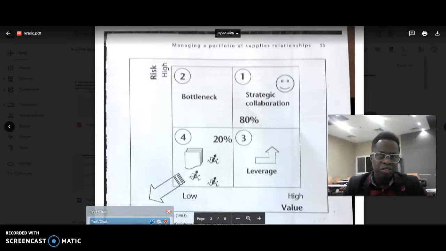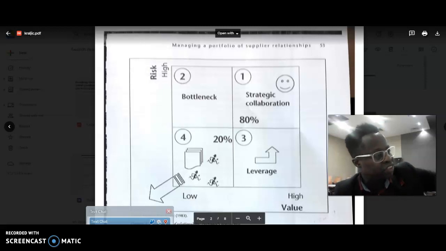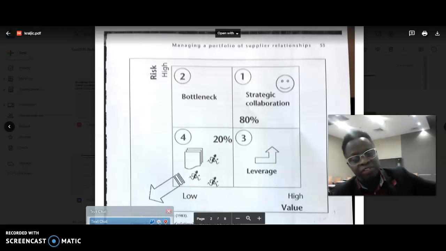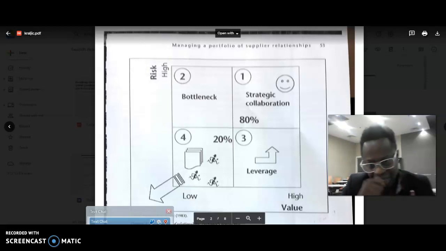And if you want to look at the numbers game, strategic vendors may not contribute a large percentage of your supplier listing. Might be 20, 30%. So 80% in spend. But let's look at the other end of the matrix, where we see 20%.